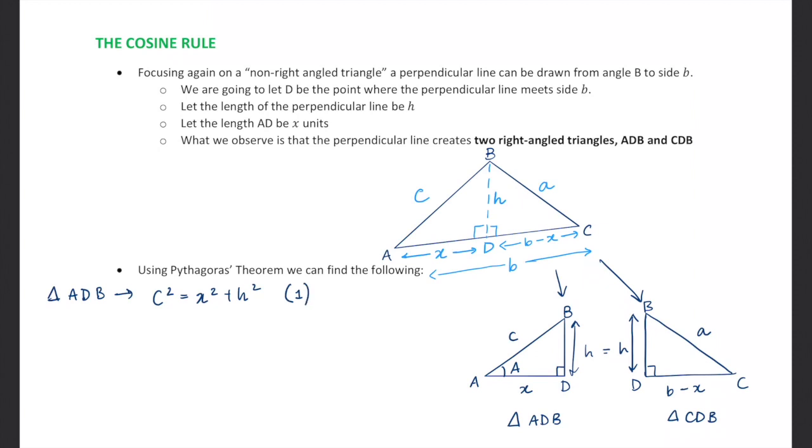Now I'm going to write an equation for triangle CDB. The equation for that will be a squared is equal to h squared plus b minus x all squared. I'm going to call that equation 2. Now first up, I'm going to rearrange the equation for triangle ADB.